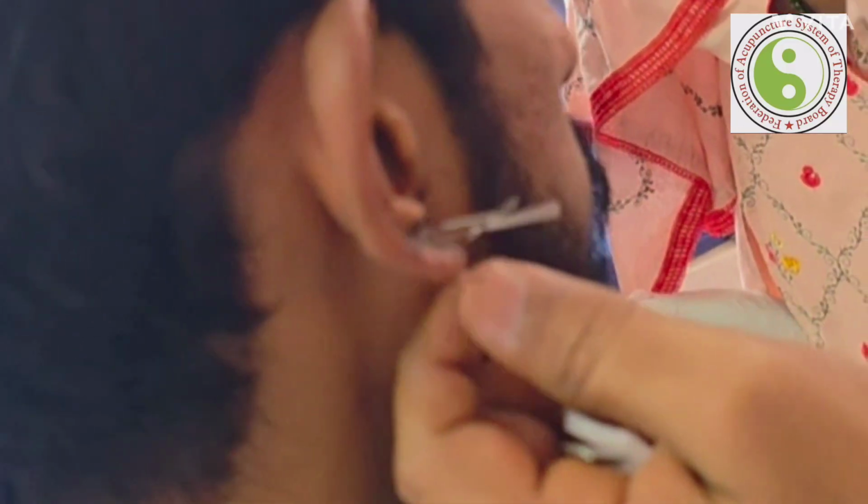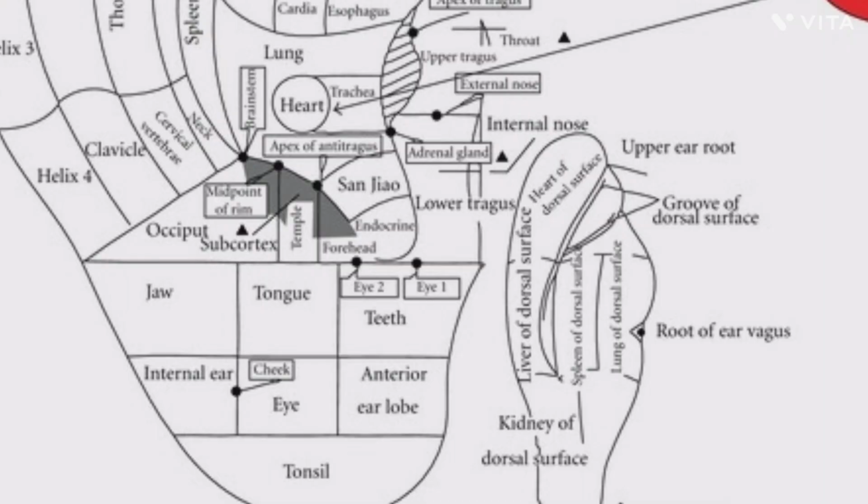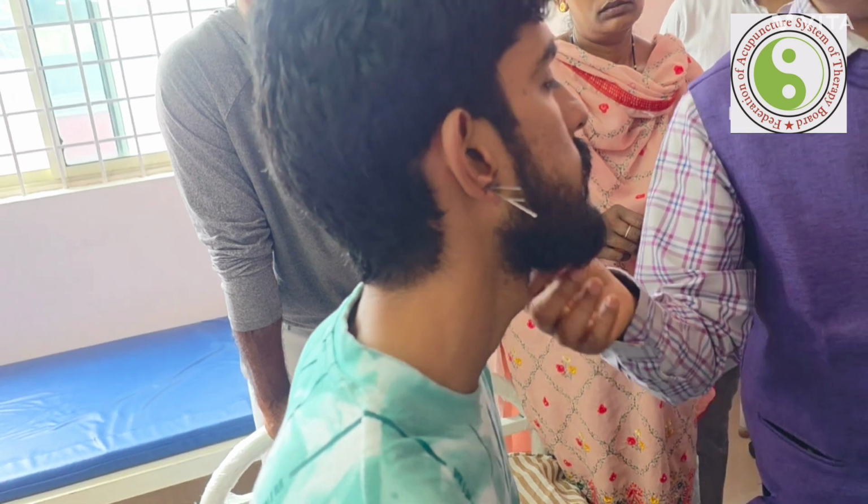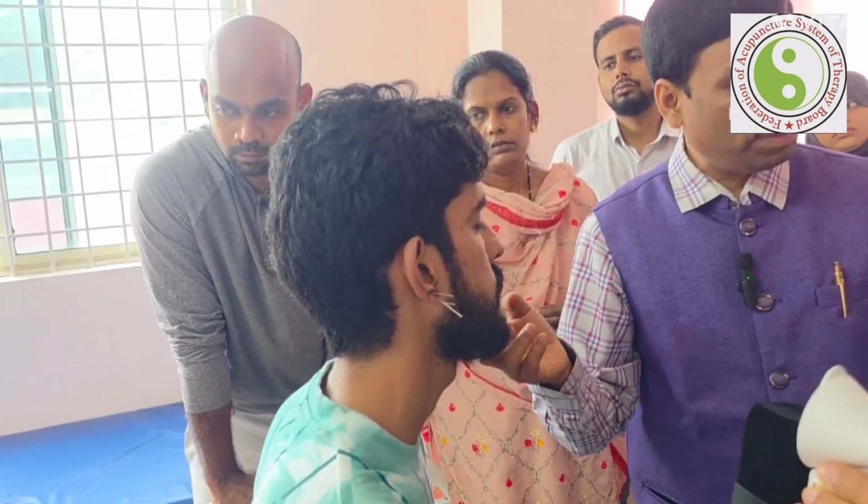That means the palatal tonsils, which you can see bilaterally, also known as the pharynx. When the pharynx gets enlarged, causing some swelling, it can be treated by activating this point.